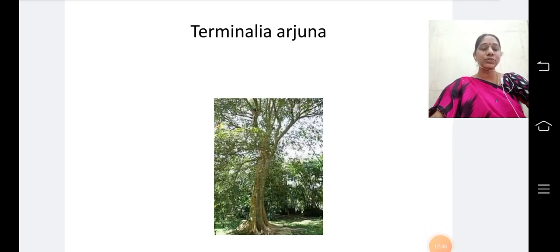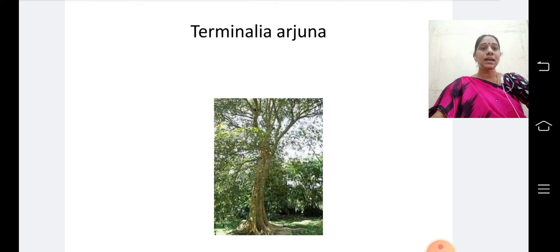Coming to the next plant, Terminalia arjuna. It is a very famous timber yielding plant and it is mostly distributed in UP, Bihar, Maharashtra, West Bengal, Madhya Pradesh and Odisha. It belongs to family Combretaceae. Arjuna is a large deciduous tree.